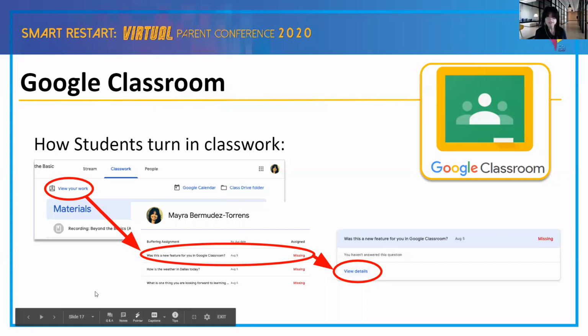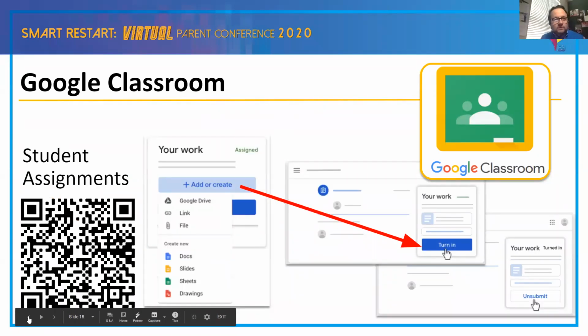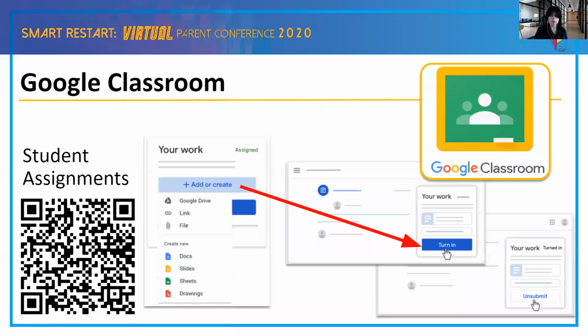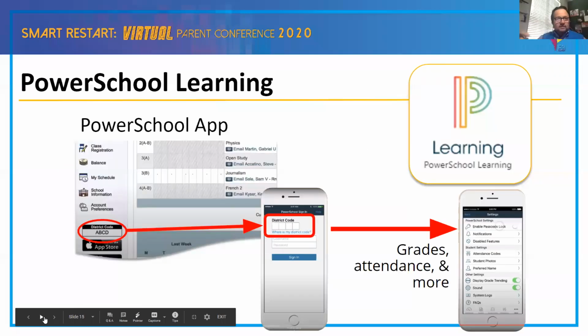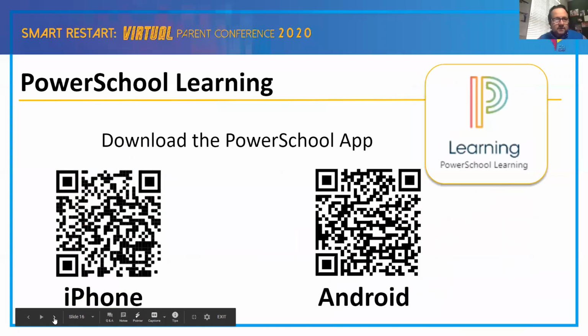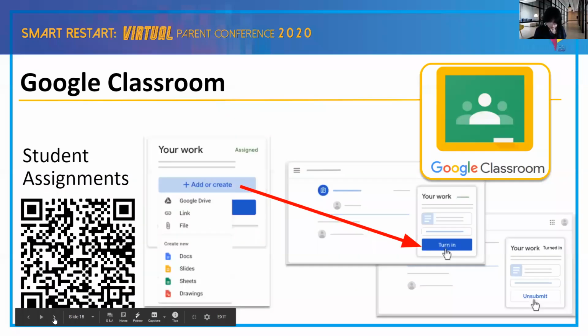Please, Mayra, yes, can you share again the code that they will need to use in association with the app? With the app for PowerSchool? Correct. I don't have control over the slides, but Dr. Johnson, if you would please, right there. Do you have it in your little piece of paper? Oh, the code. I'm sorry. Let me go again.